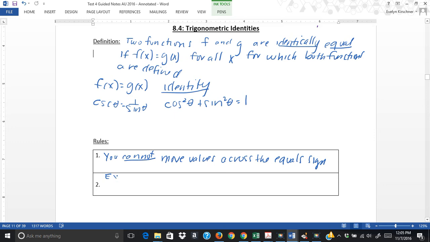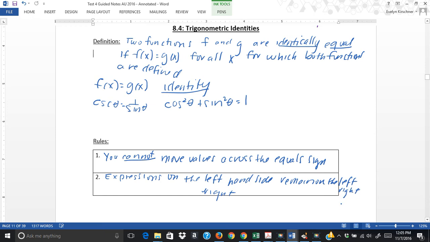Expressions on the left-hand side remain on the left, and similarly, those on the right-hand side remain on the right. So those are my equations.